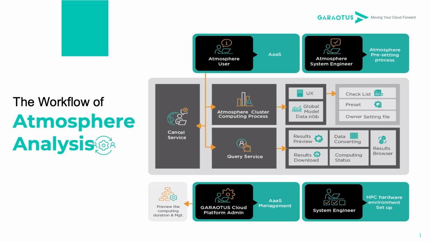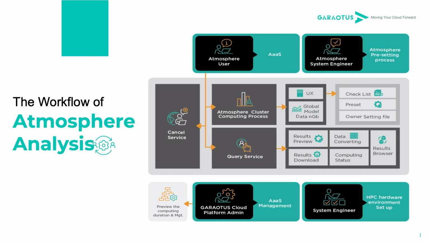A friendly and easy user experience will guide the process from the external data input to the checklist needed for this process, and preset the parameters needed for this simulation. And finally, any additional owner setting file needed for this simulation result to be generated can be considered.